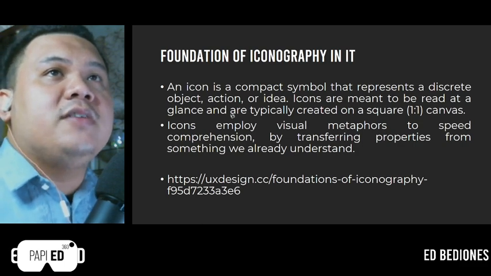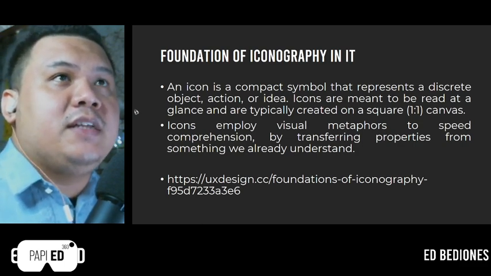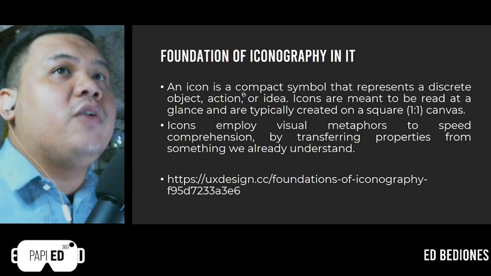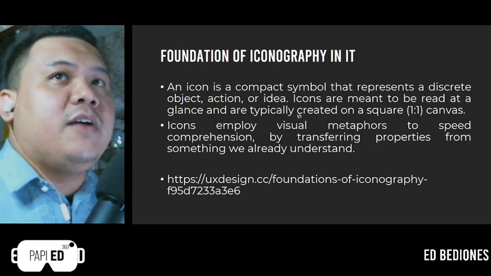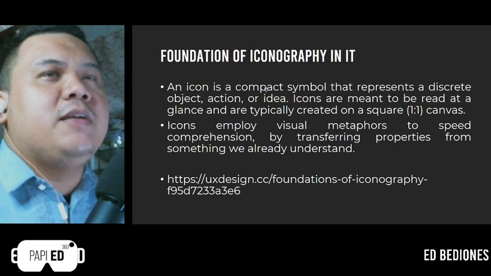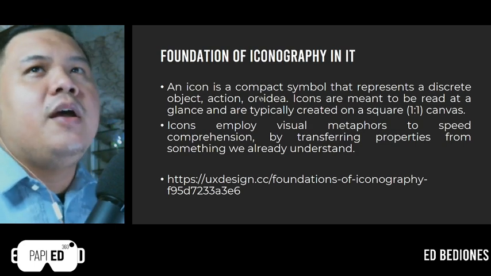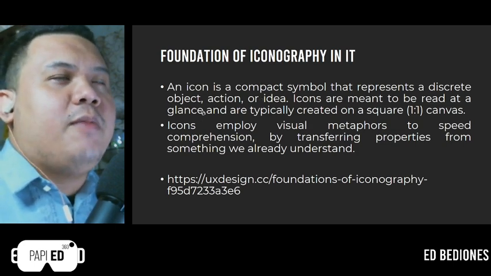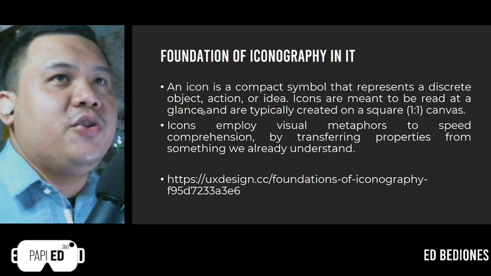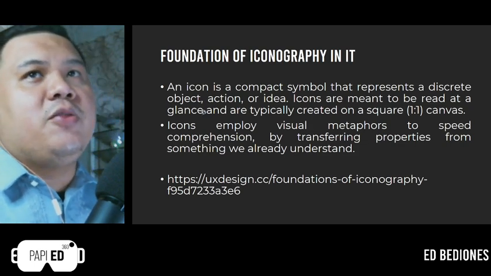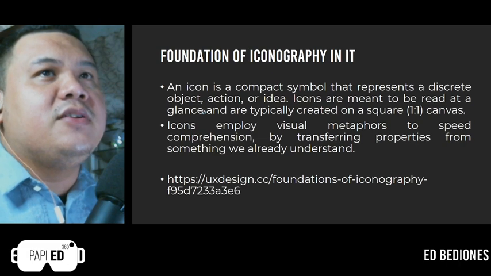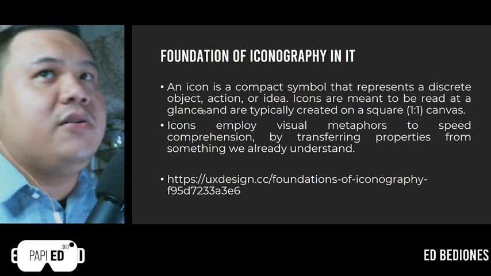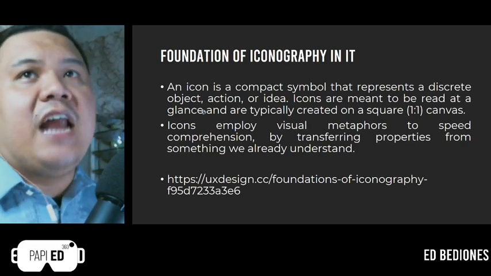So an icon is a compact symbol that represents a discrete object, action, or idea. No, again, it is a compact symbol. Compact symbol, ibig sabihin, pag nakita mo to, yun na yun, no? Discrete object, action, or idea. Icons are meant to be read at a glance and are typically created on a square 1x1 canvas.